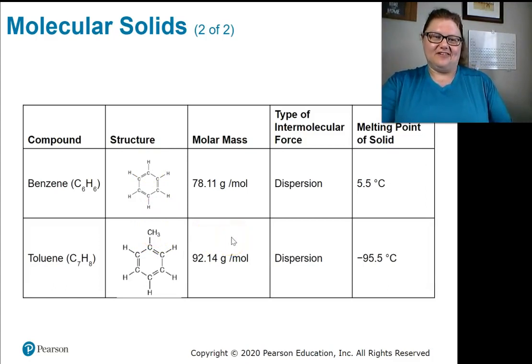It's very subtle. And our molar masses just reflect that additional CH3. They're both made up of dispersion forces. And let's take a look at the melting points. The melting points of the solid are low, right? Toluene is very low, less than 0 centigrade. So that's comparing just 2 of thousands of molecular compounds.